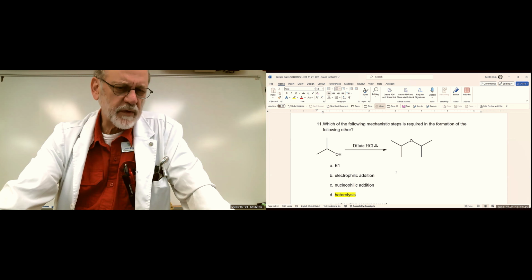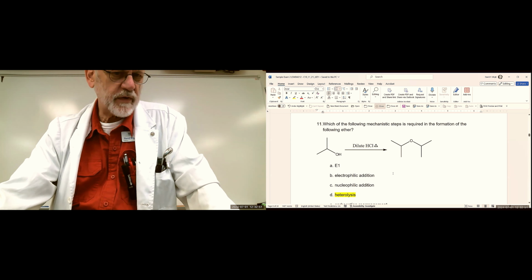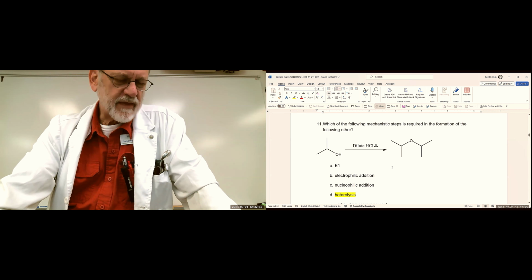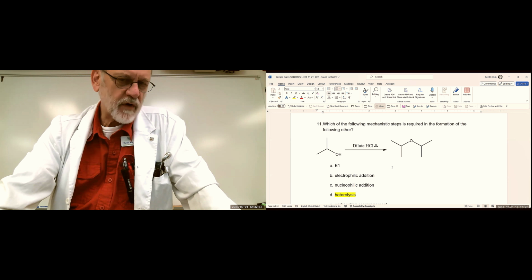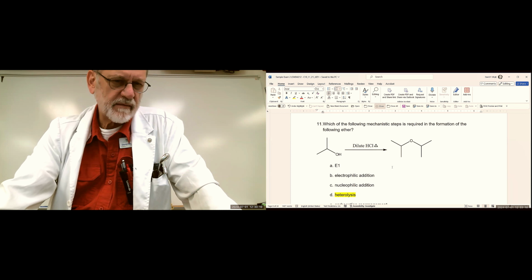With the acid, you form a good leaving group, a water leaving group, where that OH is now OH2, and then that leaves, forming the carbocation, and then another isopropanol comes in and attacks that carbon and forms the ether. Yeah, that's a good one.